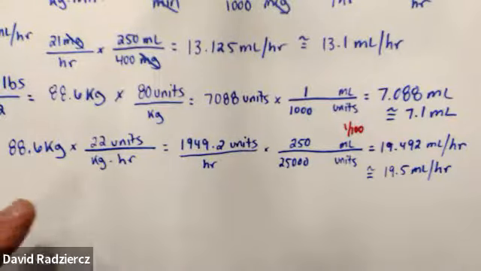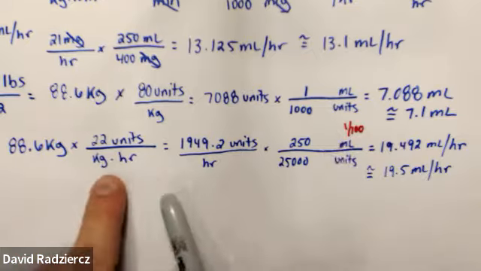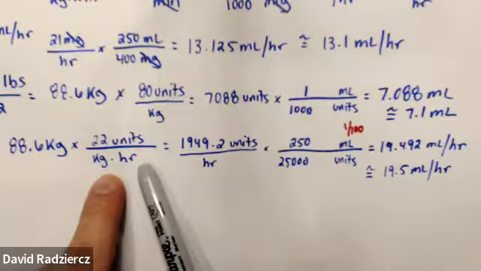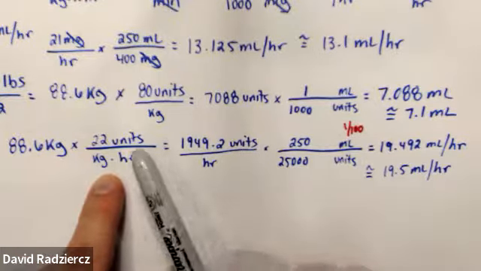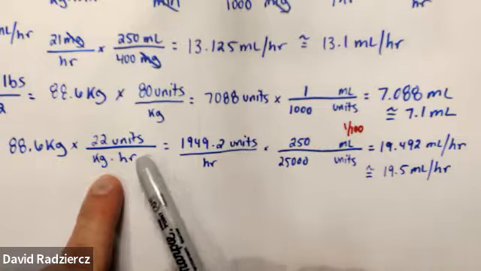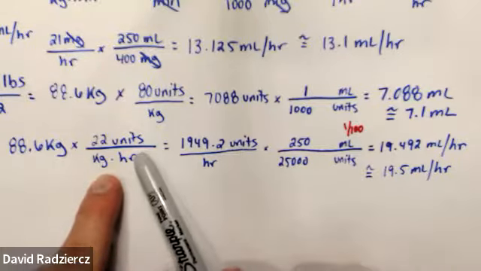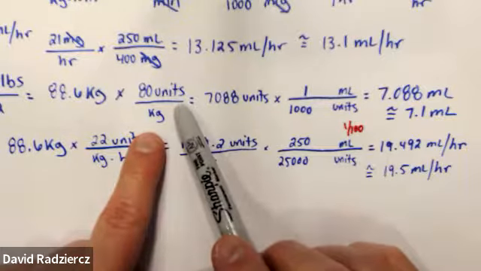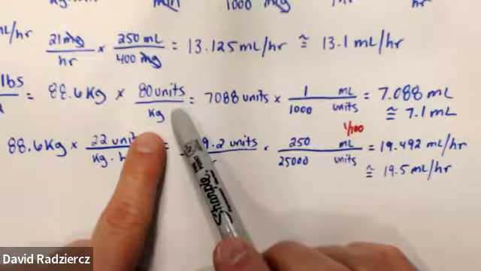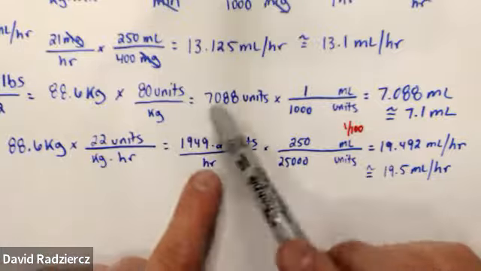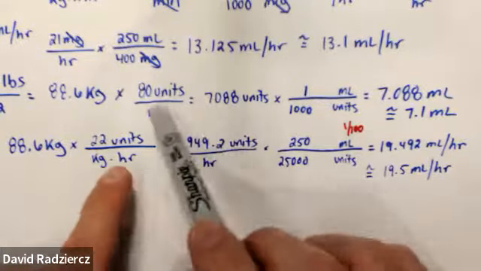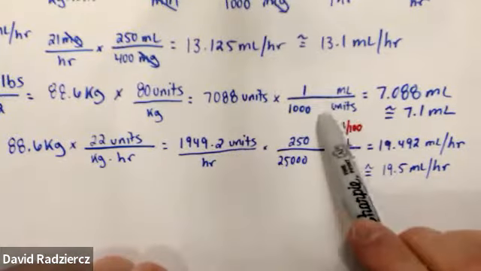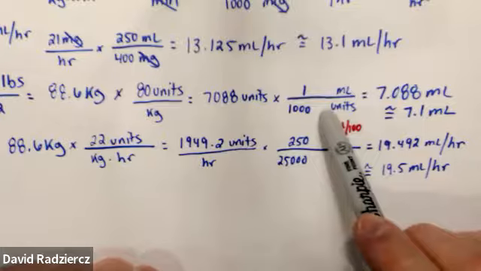So the things that are consistent are, you always multiply by the units per kilogram per hour, but what changes is whether it's 18, 20, 22, or 15. Those are the options you have. And then the bolus is either going to be 80 units per kilogram or 40 units per kilogram. When you multiply the patient's weight by either of those numbers for the bolus dose, you're always going to divide by 1,000.